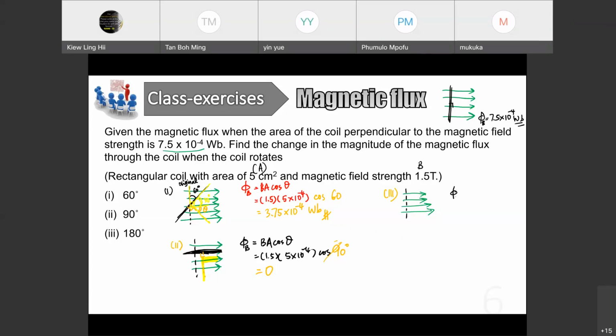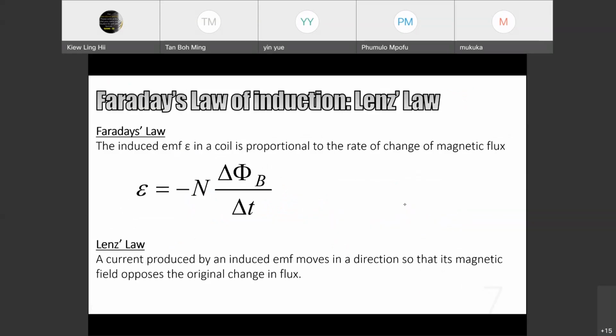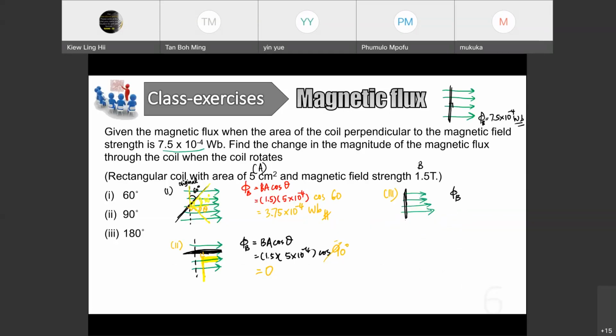Negative 7.5. So when you rotate that 180, isn't it just back to its original position? So if it is back to its original position, it is the original value of flux. Okay, 7.5 times 10 to the power of -4, right?